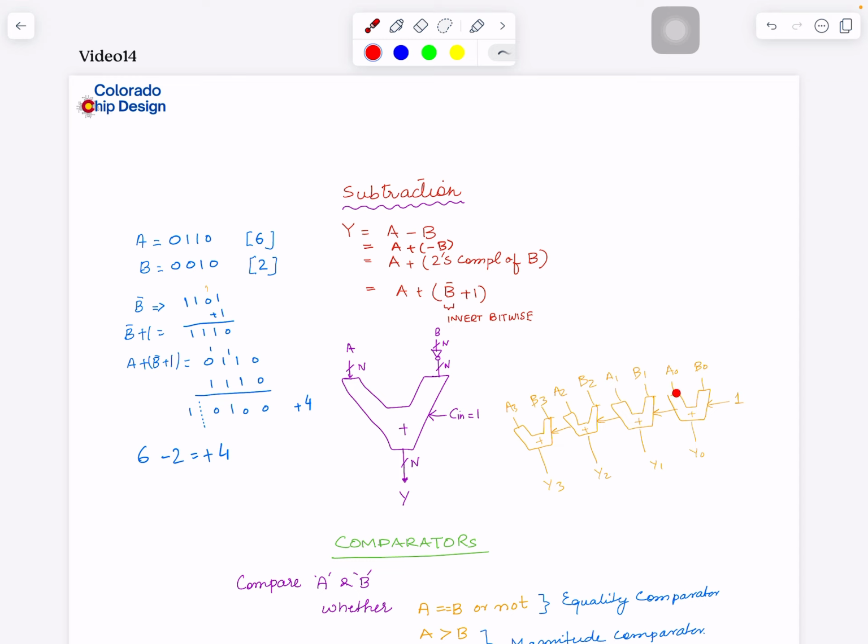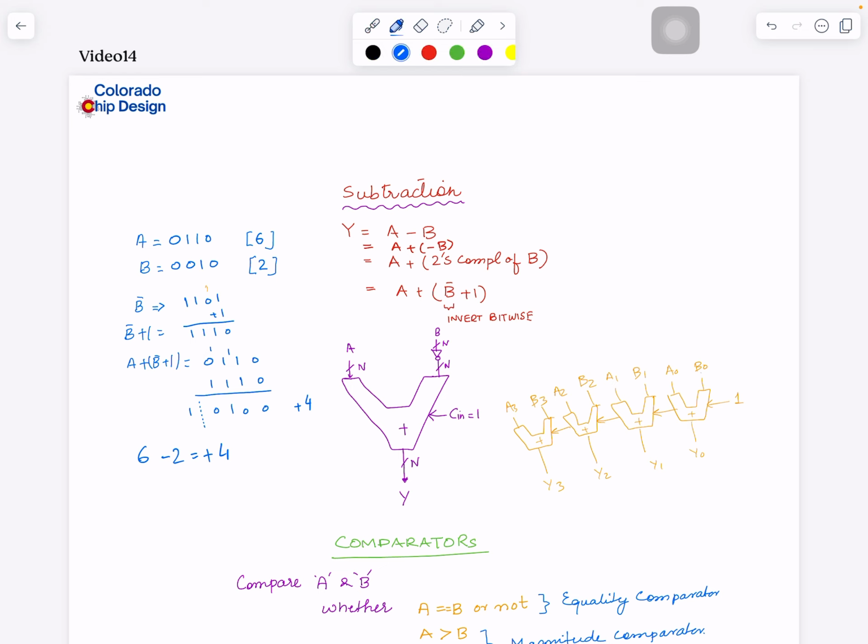So yes, first we need to calculate b dash. Let's do that. We need to create the inversion of every bit, not the A bits, the B bits. Inversion is an inverter.